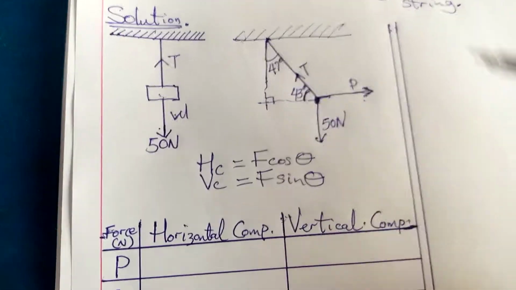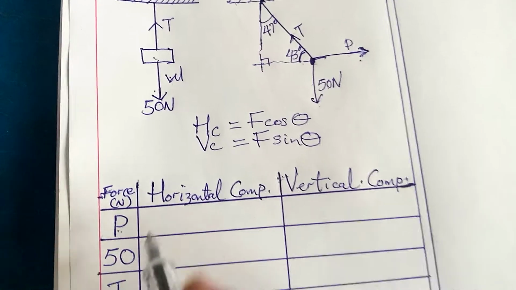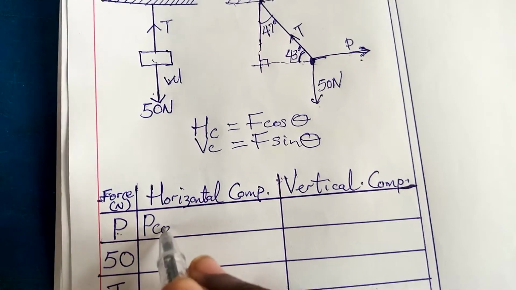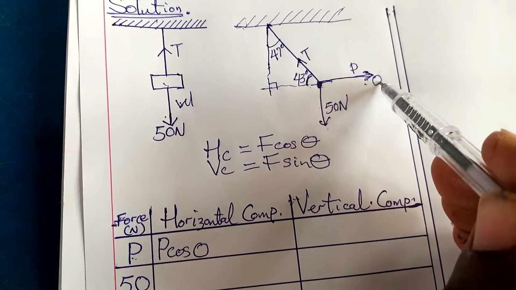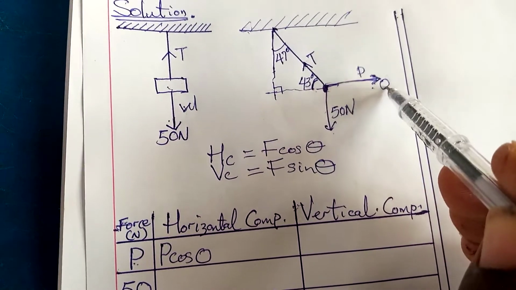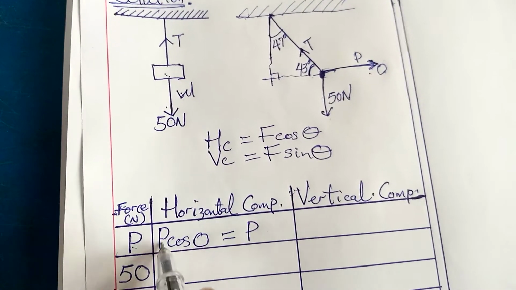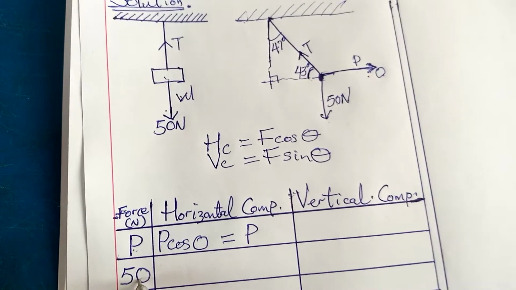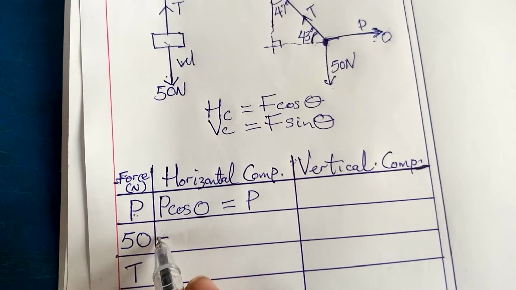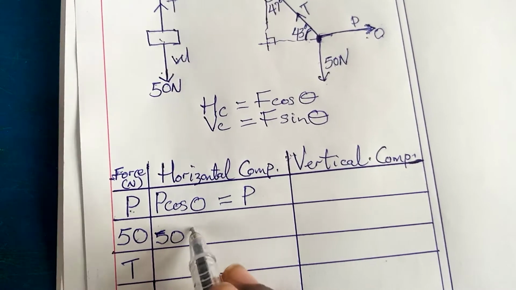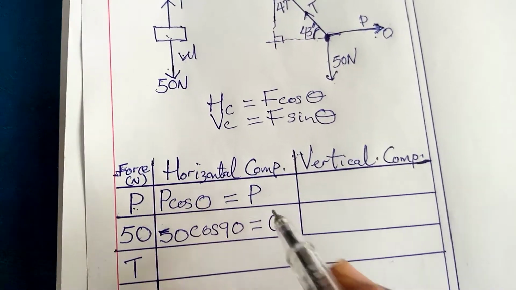So let's resolve the first force, that is force P. The horizontal component is going to give us P cos 0, because the value of the angle here is along the x-axis, which is 0, and this is going to give us P. If we resolve the force of 50 Newton in horizontal component, that is 50 cos 90, and this is going to give us 0.